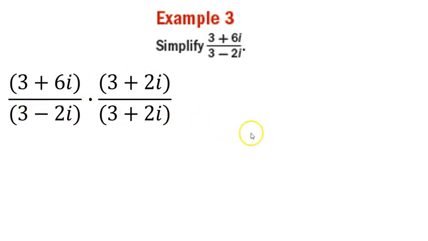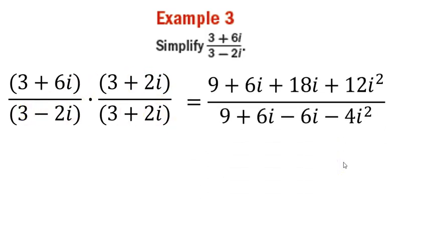I'll do the same thing with the denominator, and by carrying that out, I get these expressions. This 9 plus 6i plus 18i plus 12i squared comes from the product of these two complex numbers by just distributing. The denominator comes from multiplying these two complex numbers that are complex conjugates of each other, and we get this expression here.